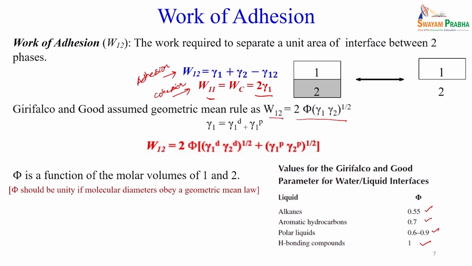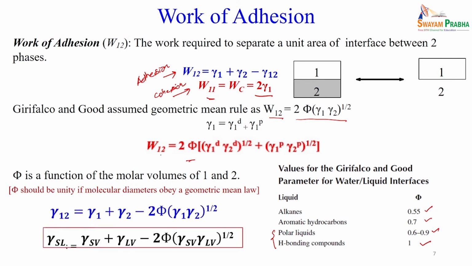So, in most cases we consider psi as unity if we assume that the molecular diameters of 1 and 2 obey the geometric mean law. This is a typical range. If you consider most of these polar liquids as well as hydrogen bonding compounds, it is very close to 1, so in most cases you will see we consider the value as 1.